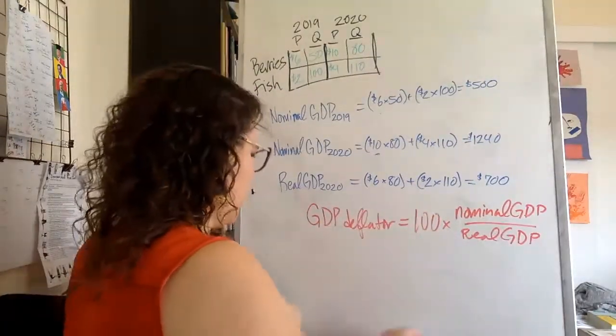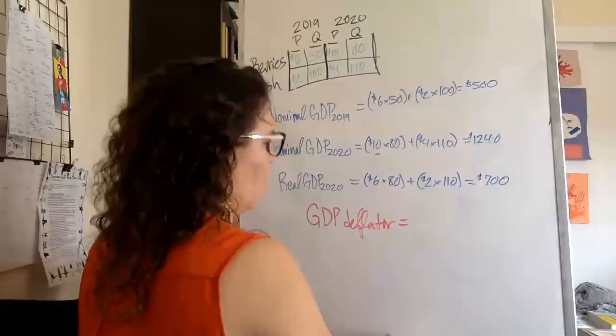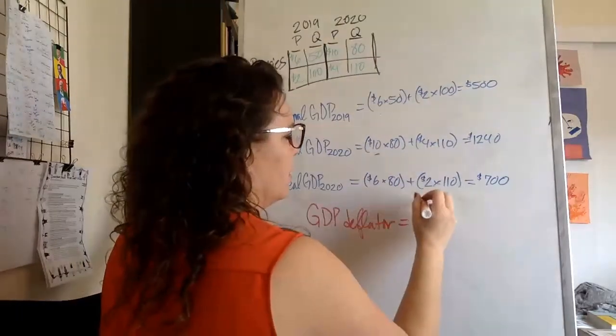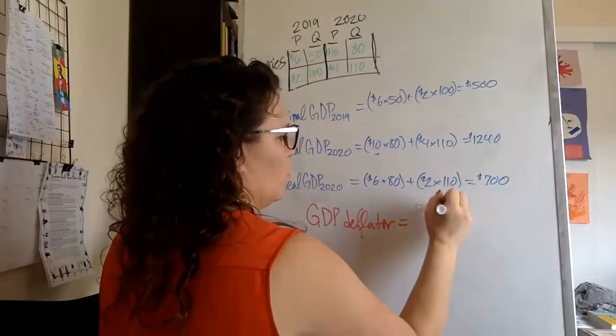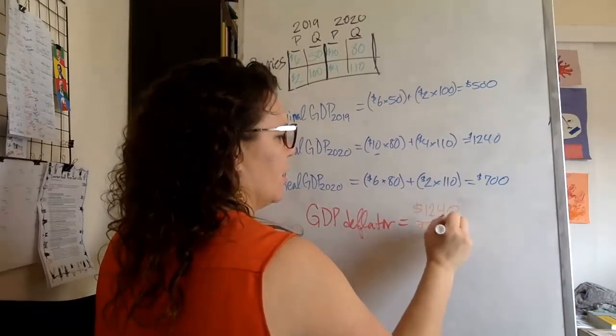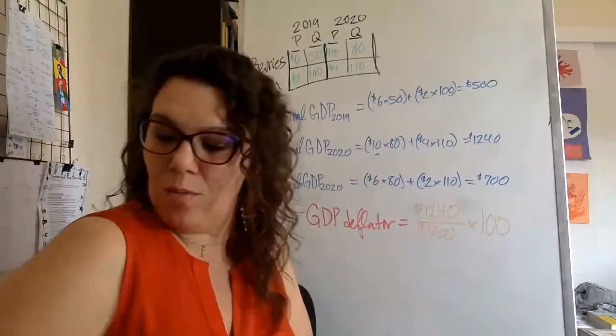So for our example, we can go ahead and say we have nominal GDP in 2020 is $1,240. Real GDP is $700. Divide those two and multiply by 100, and we'll get our answer.